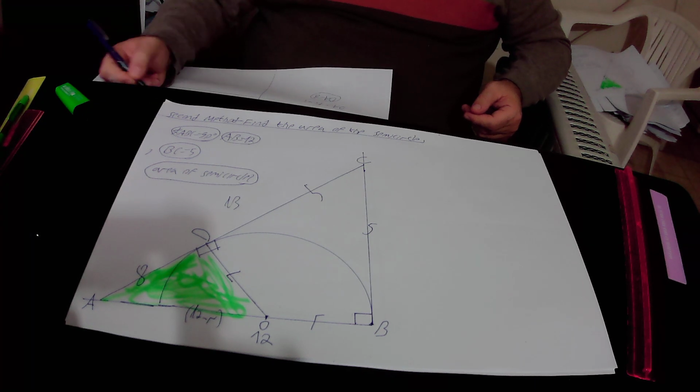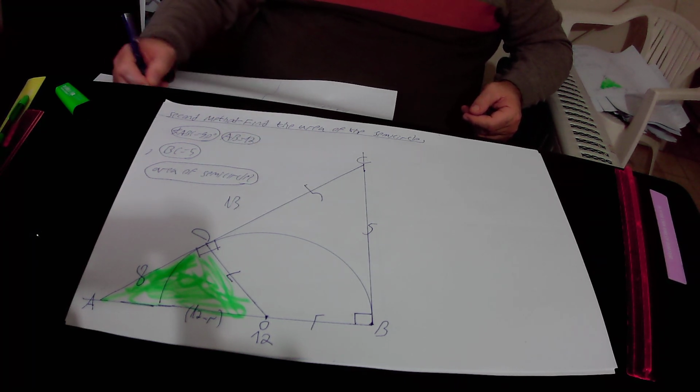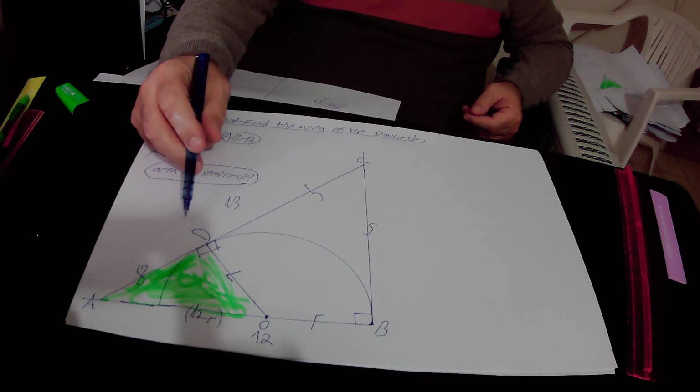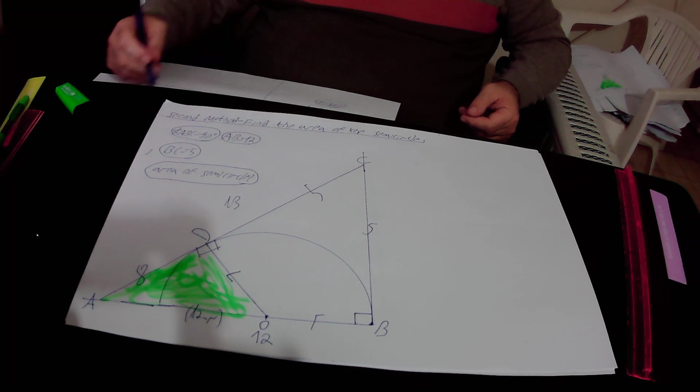And it equals DO square, that is R square, plus AD square. AD equals 8, so AD square is 8 square, and 8 square is 64.